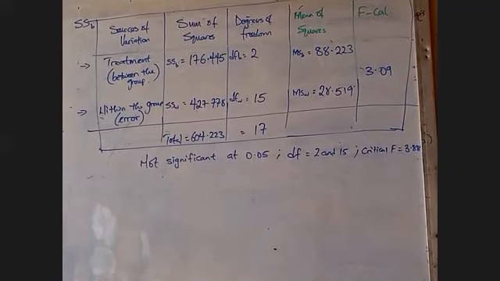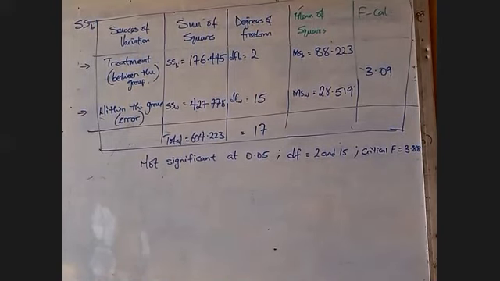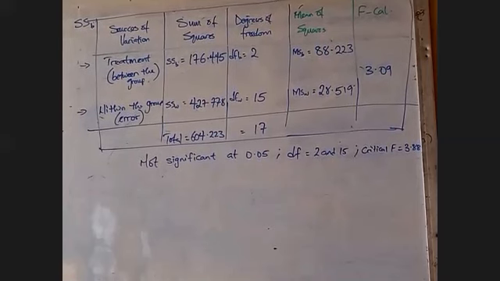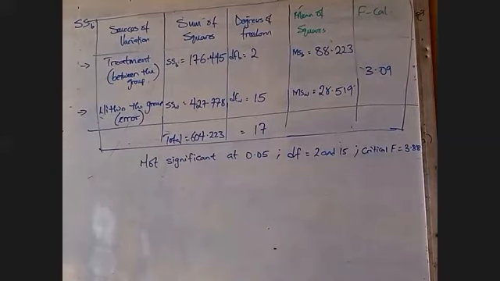This calculated F value is not significant as it is less than the critical F value of 3.88, according to the book, given 2 and 15 degrees of freedom at 0.05 level of significance.